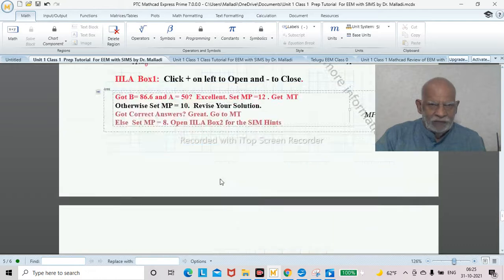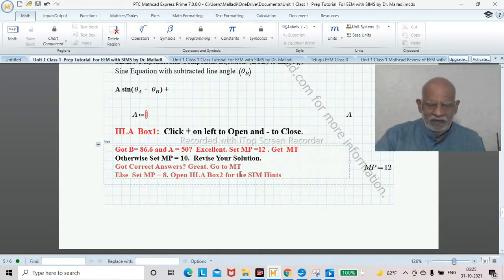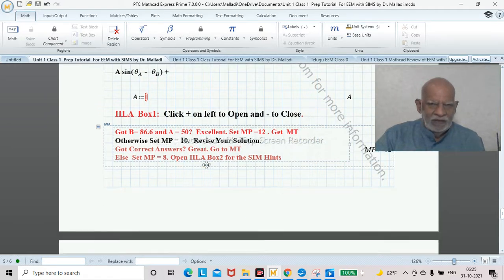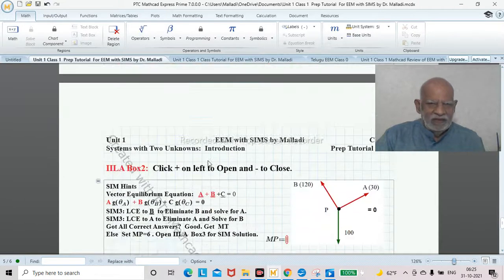So this is a 12 mark problem. If you got the answers, you got 12. Suppose the answers are not right, it will give you a chance to revise, and then it removes 2 points and sets MP, marks for the problem, to 10. Then suppose even then you don't get it for some reason. Then it will give a hint.